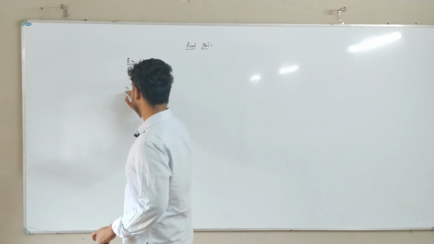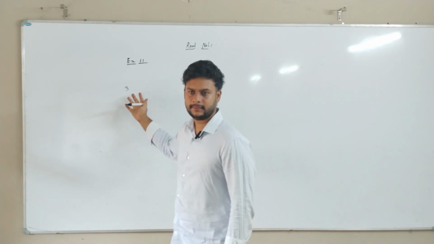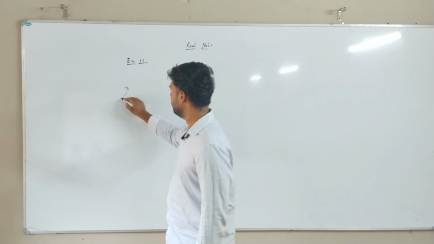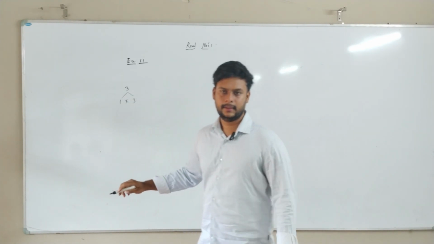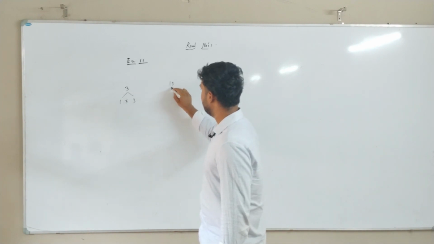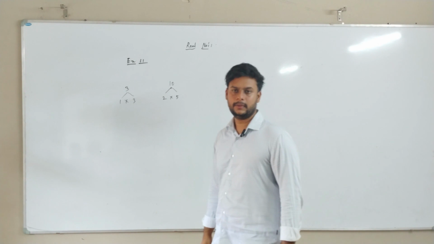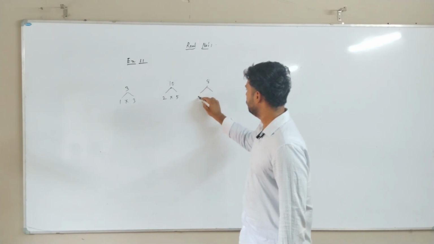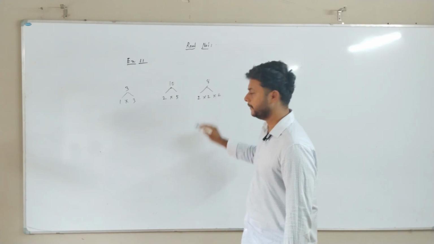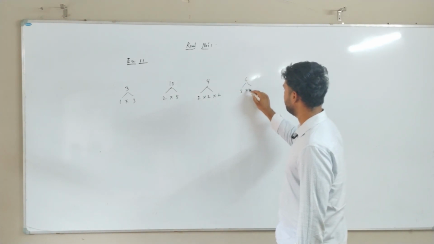Example, if I take 3, can you divide 3 with any other number than 3? 3 I can only write as 1 into 3. 10 I can write as 2 into 5. 8 I can write as 2 into 2 into 2. 6 I can write as 3 into 2.